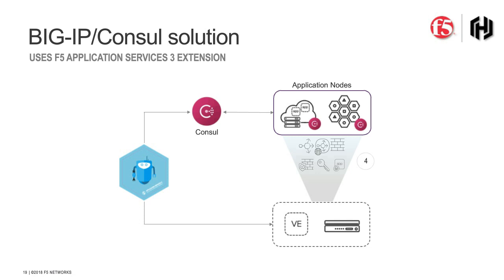So it's this healthy relationship of Consul agents running on the application nodes, providing local health checks. They send that information to the Consul servers. The Consul servers keep that holistic view of the catalog. And with the AS3 extension for F5, we can tap into that catalog and actually get that information into the virtual appliance in real time.